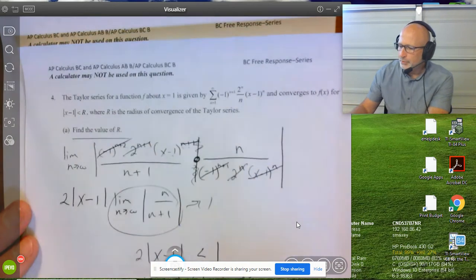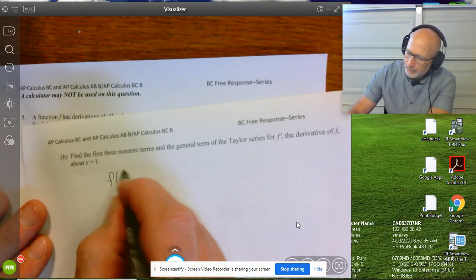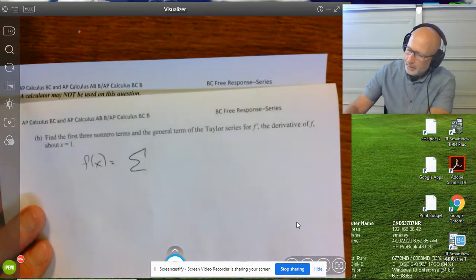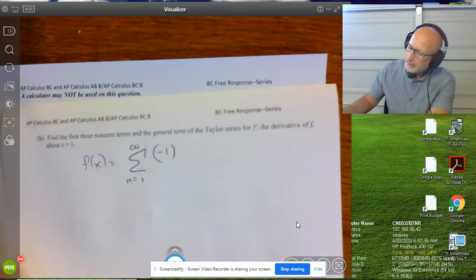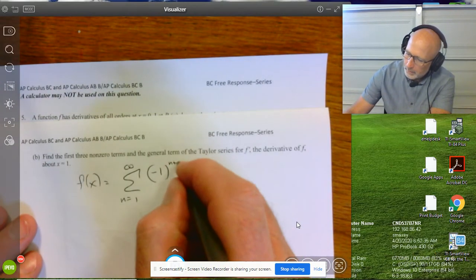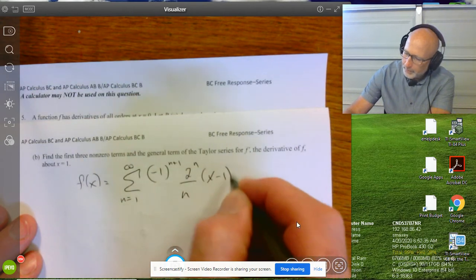Actually, no. Let's take the derivative of this, just so we practice this. So f of x is equal to the summation as n goes from 1 to infinity of negative 1 to the n plus 1 times 2 to the n all over n times x minus 1 to the power of n.